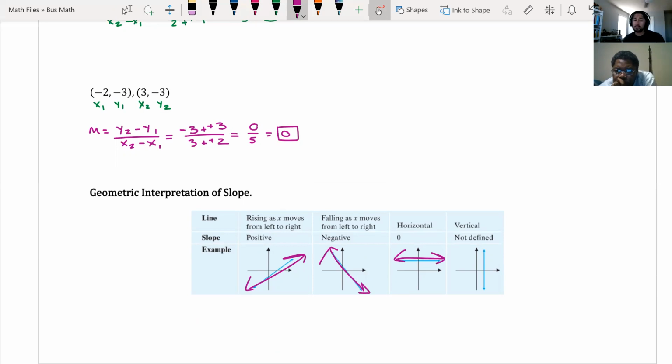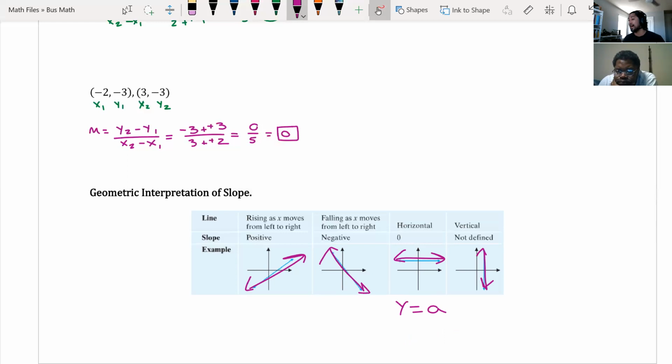And if you ever come across a horizontal line, the equation is always going to be in the form of y equals some number a. So if I wrote y equaled 5, that would be the graph of a horizontal line. And then vertical lines go straight up and down, and vertical lines have an undefined slope.